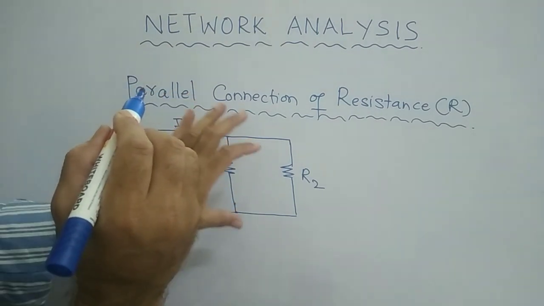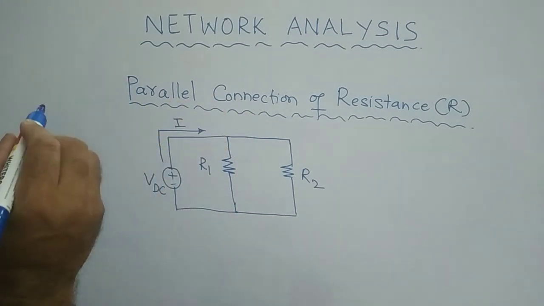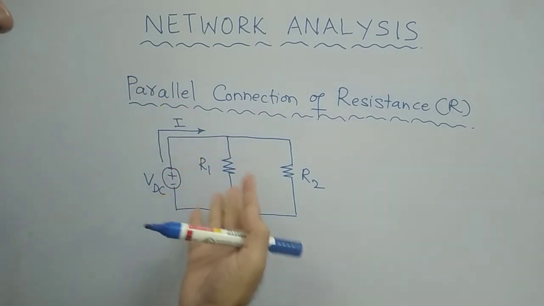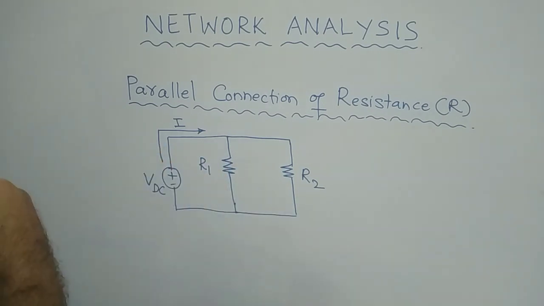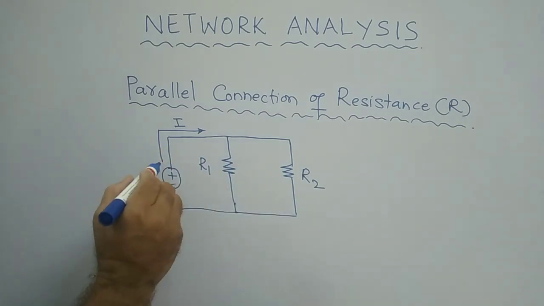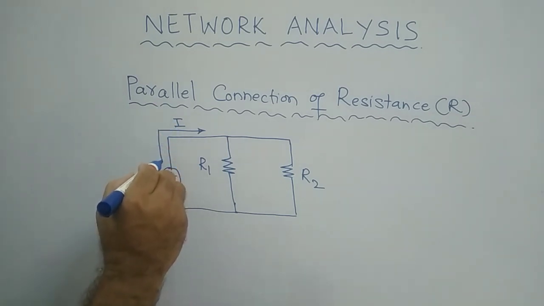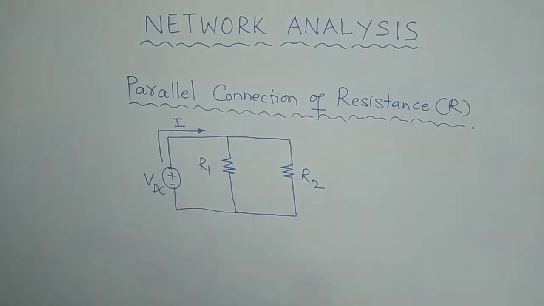This is a simple circuit, or you can call it a simple network; nothing wrong in that. Now we are analyzing this particular circuit with the help of this VDC. Let us imagine that the current I flows in this direction, as I have shown with the arrow mark.